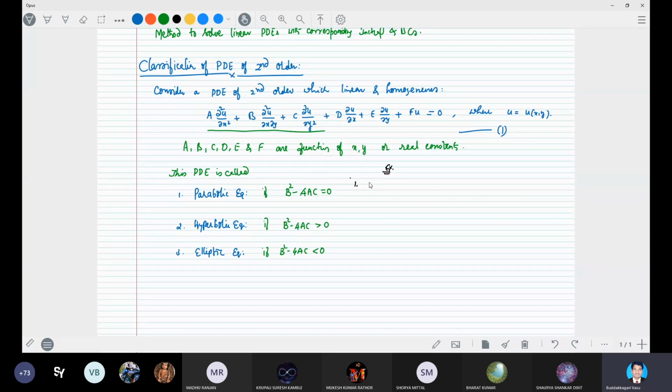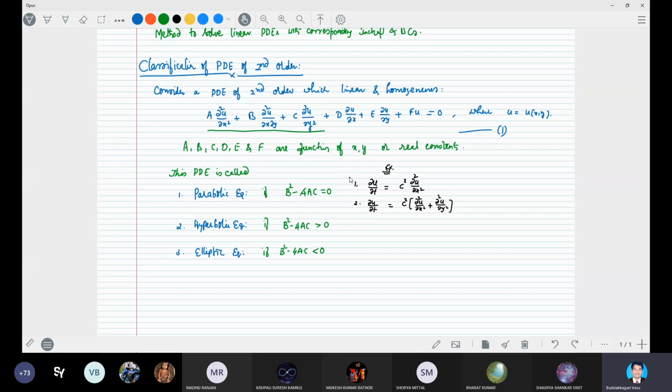You might know that dou u by dou t is equal to c square into dou square u by dou x square. Can anybody say what this is?